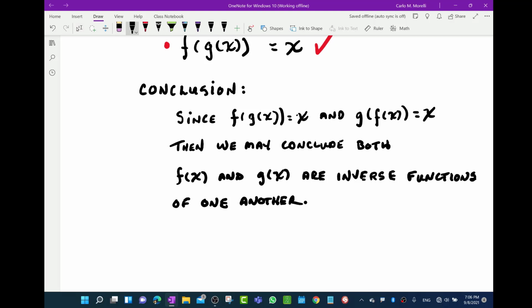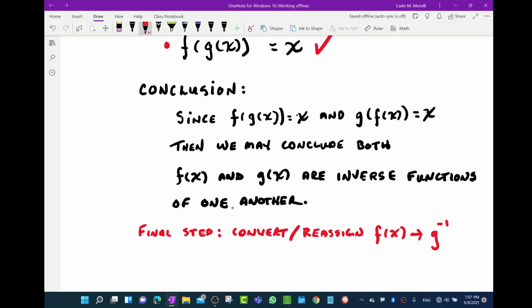So there's a final step here. Your final step is to convert/reassign f of x, I'm going to use an arrow here, to that g inverse x notation.